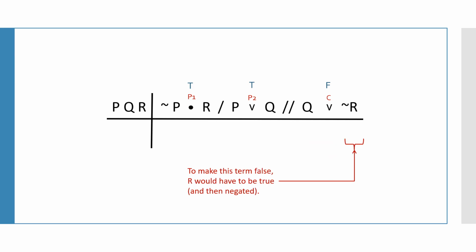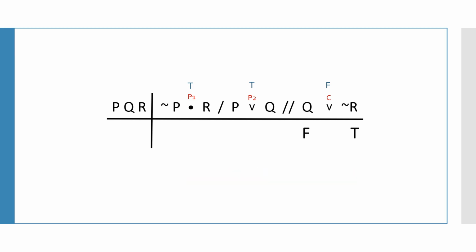But of course, in order to make the second disjunct, the not R, false, what I would have to do is make R true and then negate it. So notice R has to be true and Q has to be false, because I want to negate the R to make it false so that I get a false disjunctive statement. And then once it's negated, I now know what the truth value is for that entire disjunct.